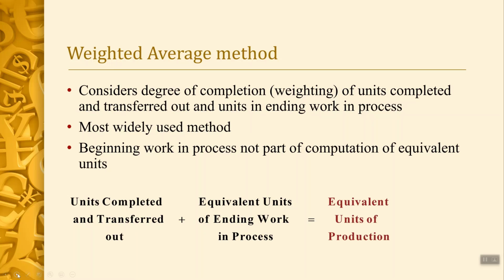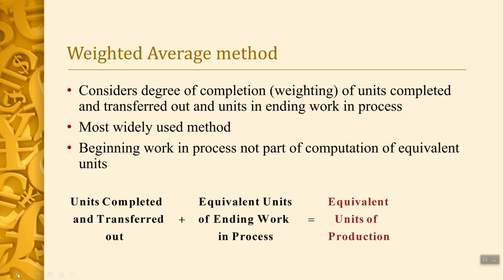Now, the weighted average method is one of the methods that can be used to compute the equivalent unit of production. It is a method that is widely recognized and widely used.